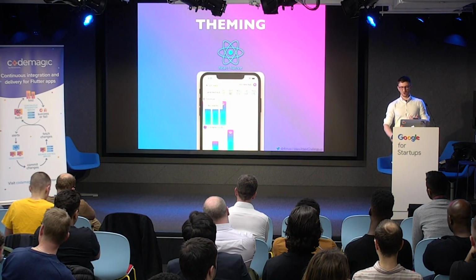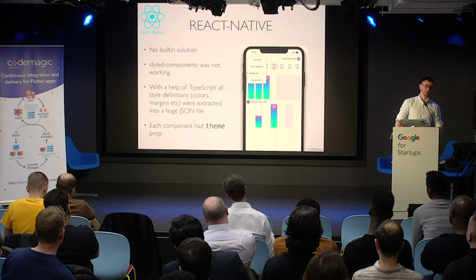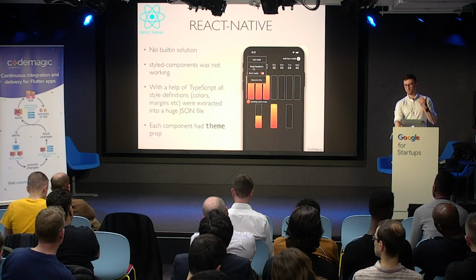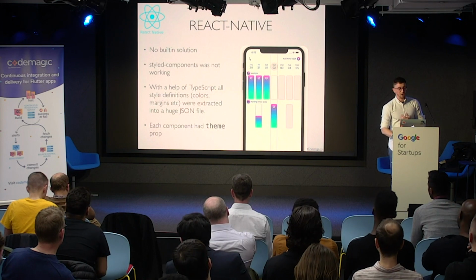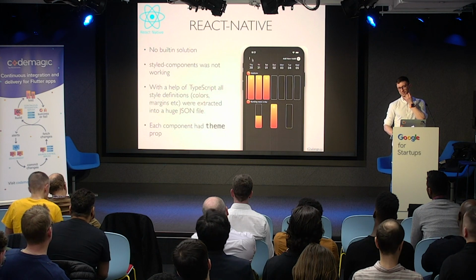So, theming on the React Native side. As you may know, there is no built-in solution for React Native, at least that I'm aware of. There is a styled-components library that has a theme component, but I didn't use that back in the day. What I did is something that I call a homegrown enterprise solution.